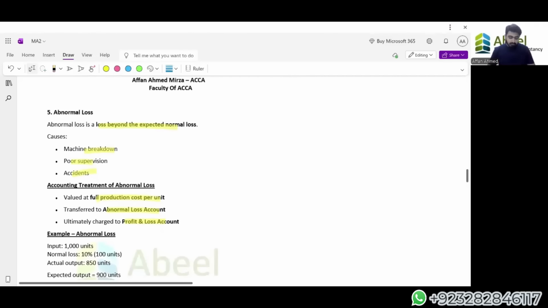Now in this example, we had expected units of 900 and actual units came out to be 850. So we had a loss more than expectation of 50 units. These 50 units are abnormal losses. We cannot retrieve the expenses for them.